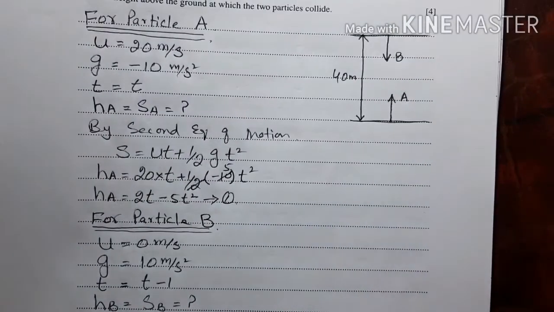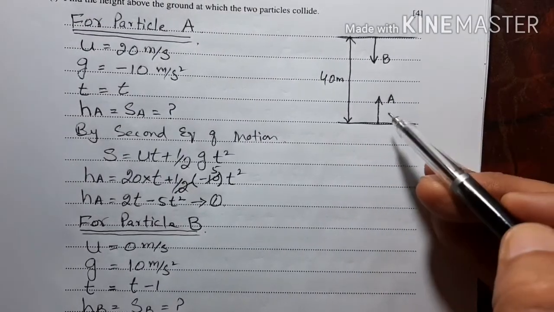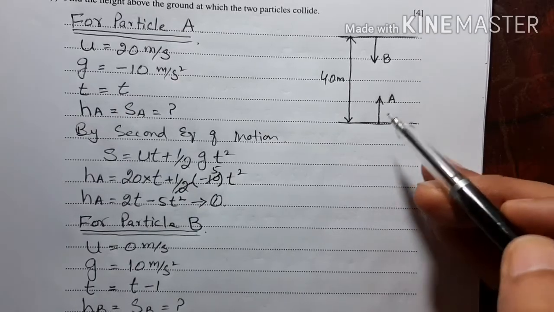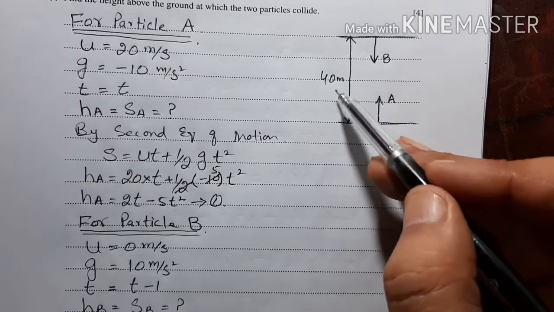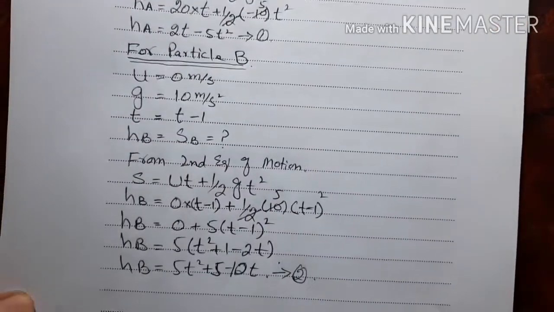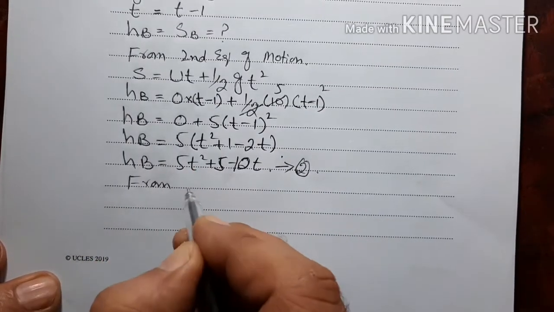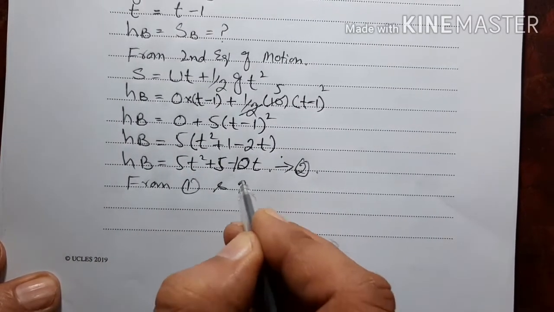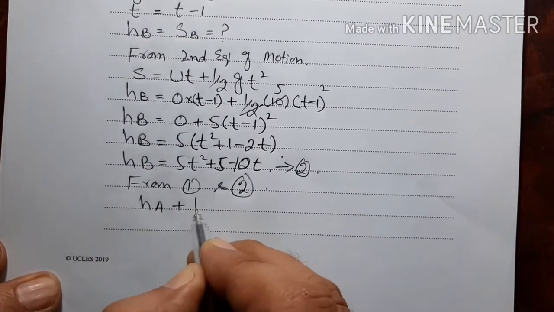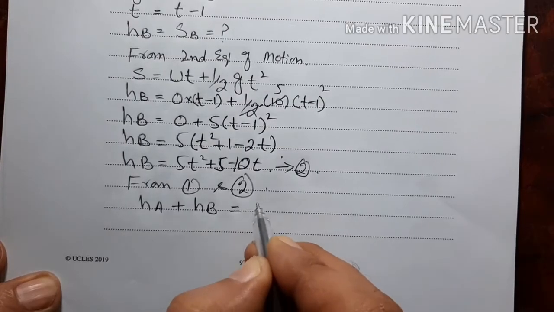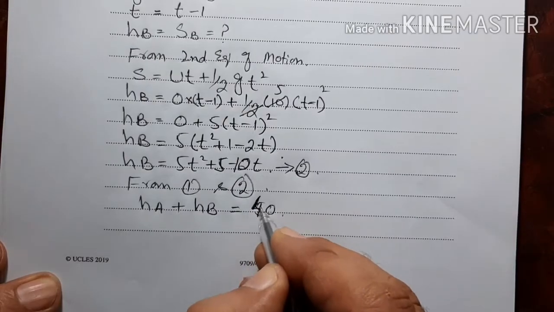Now, as you see that the total height is 40, the sum of both heights, the height covered by A and B, should be 40. So from 1 and 2, HA plus HB must be equal to 40.